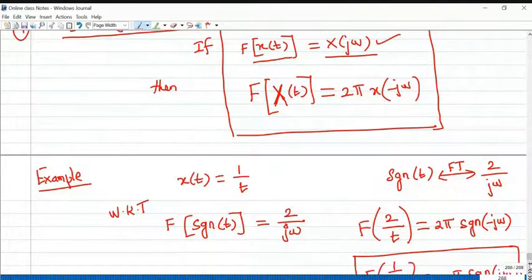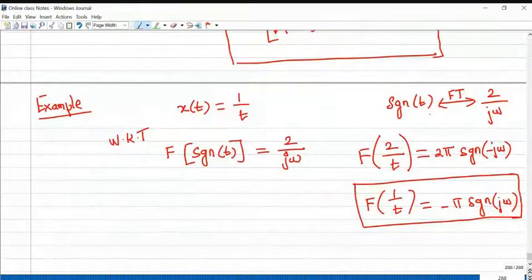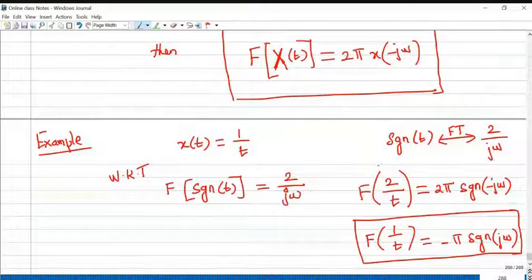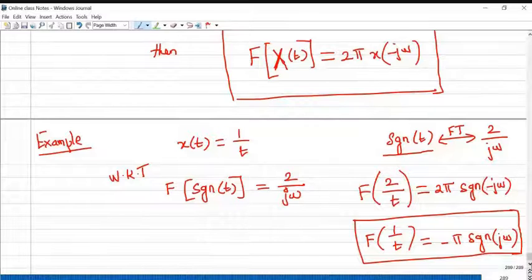In this example, the signum function has Fourier transform 2 by j omega. So if we find the Fourier transform of capital X of t, meaning here 2 by j omega replaced by t, that result should be equal to 2 pi times x of minus j omega. What is x of t? The signum function, with t replaced by minus j omega.